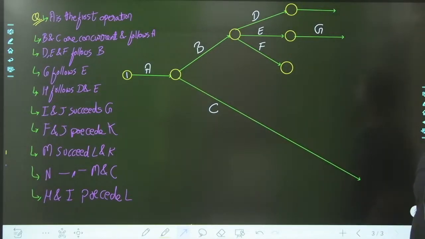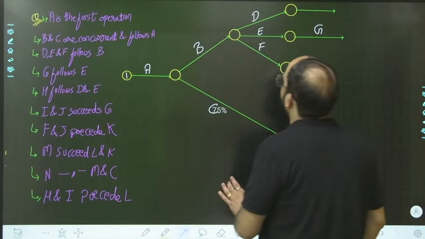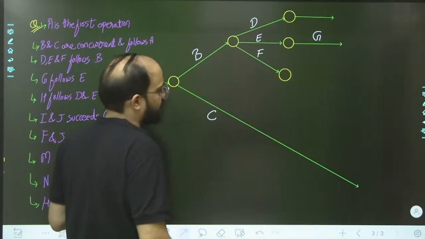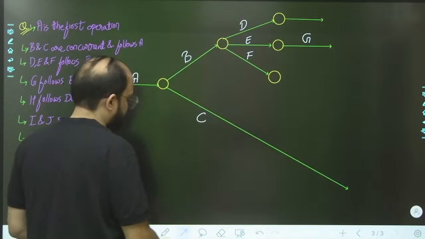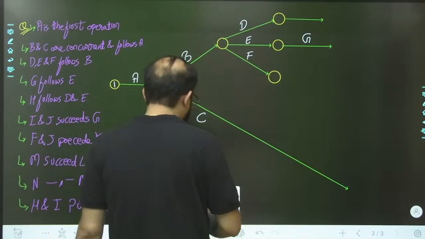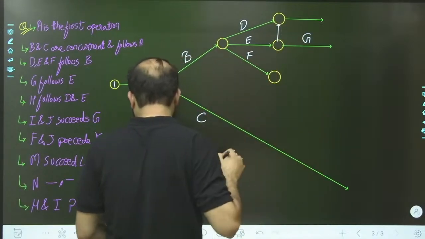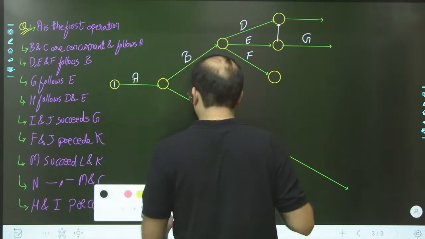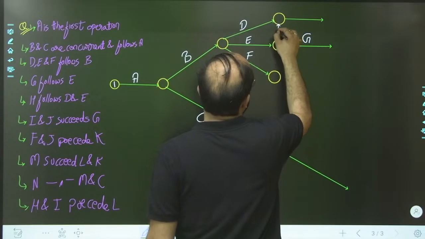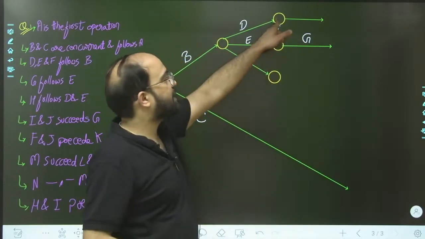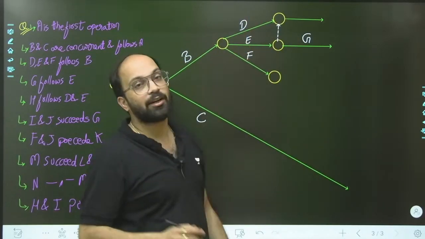We can initiate H from here, but for that we are going to use a dummy activity. We use a dummy activity from E to D. So that node will represent that this event will occur when activity D and E got completed.